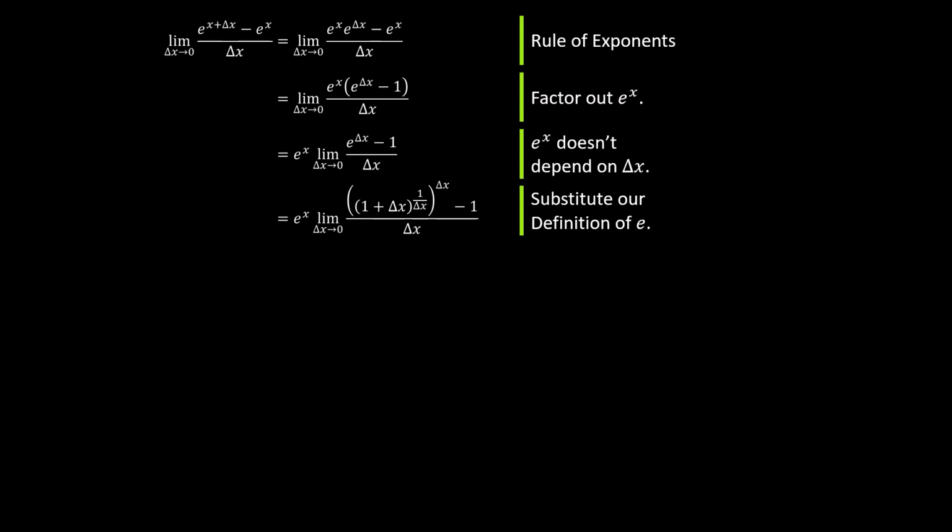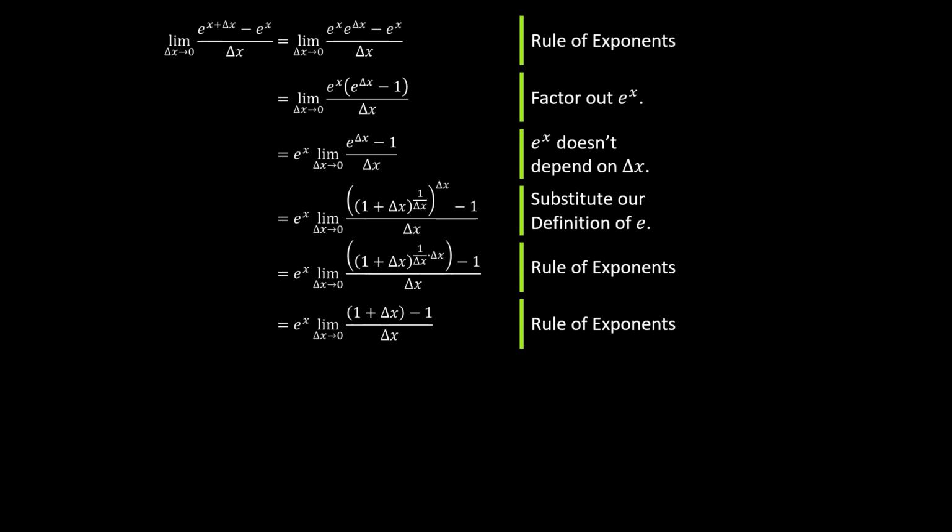Okay, so let's see how that works in practice. Having a power of a power multiplies them together. But that's just delta x divided by delta x, so that goes away. Then I still have my minus 1, and I still have my 1 plus delta x, but that's 1 plus delta x minus 1. The 1s will cancel. So then I have just delta x over delta x.